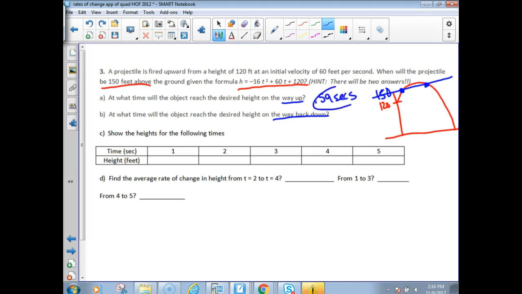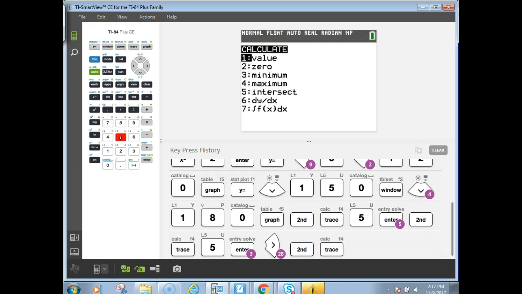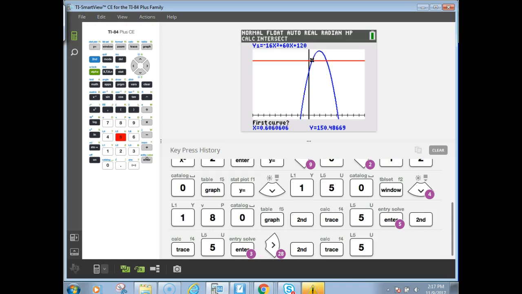Okay, go to the hundreds place, please, on those times. All right, now I'm going to try to find the other one, but let me tell you something. You're going to have to arrow to the right. Otherwise, it's going to keep on giving you the same one. Let me see if this will work. So hit second, trace again, choice 5. Oh, it bounced right back there.